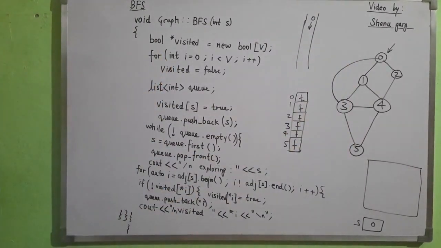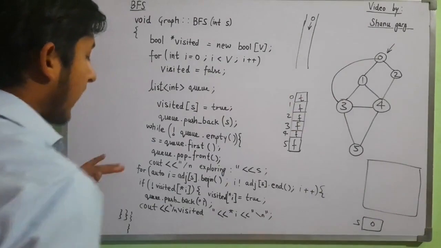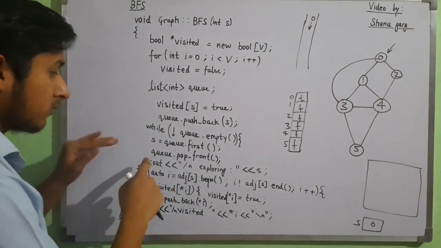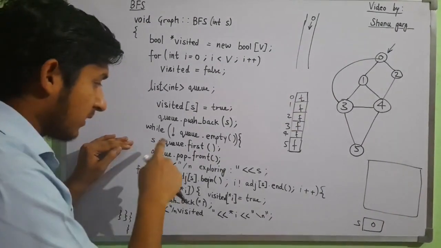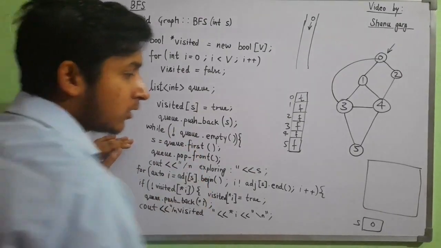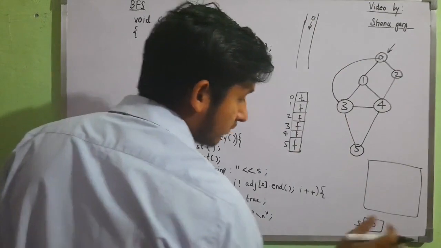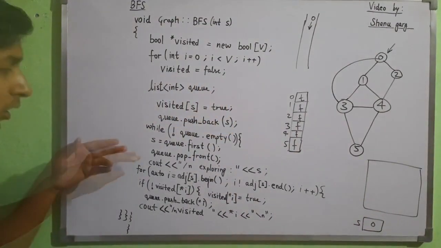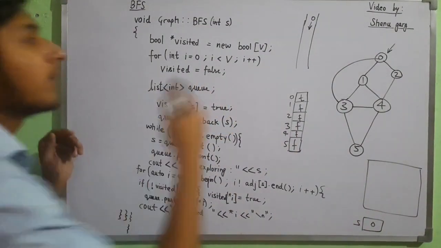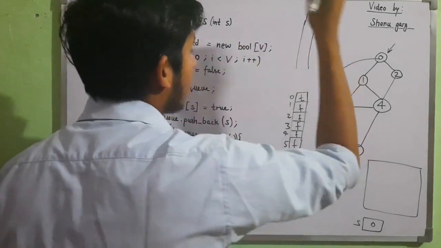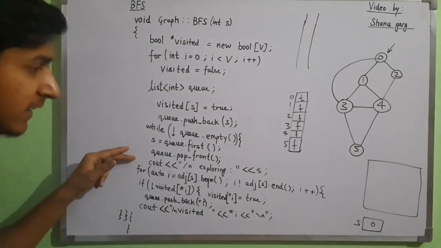Simple. Now we have 0 right now, and s is the first element of q, and that's 0. Now from q we will pop the front element, so 0 is popped and printed to the output screen.